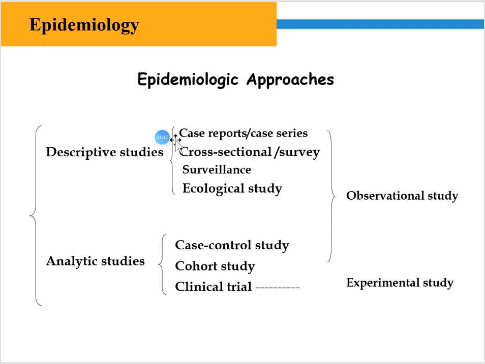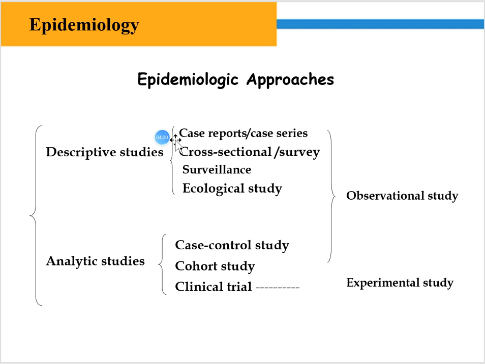Several types of studies are in this category, such as case report, case series, ecological study, and prevalence survey, or cross-sectional study. The information obtained by these descriptive studies is not only useful in health care planning, but also can provide clues to the potential causes of diseases.